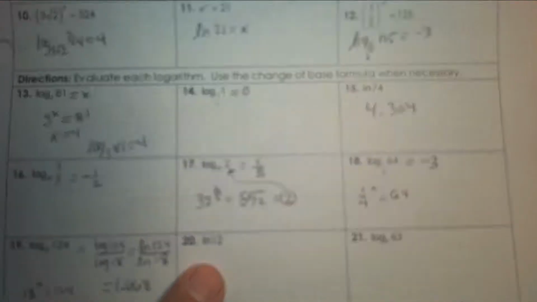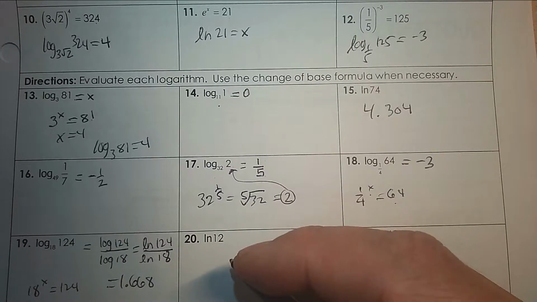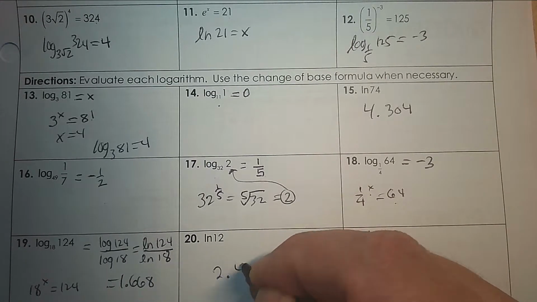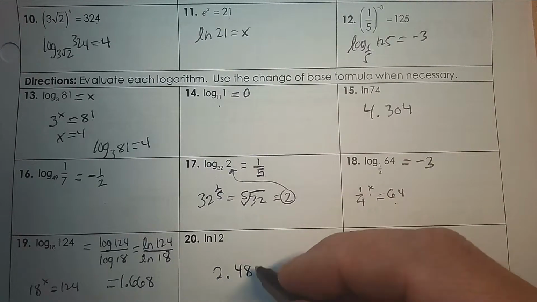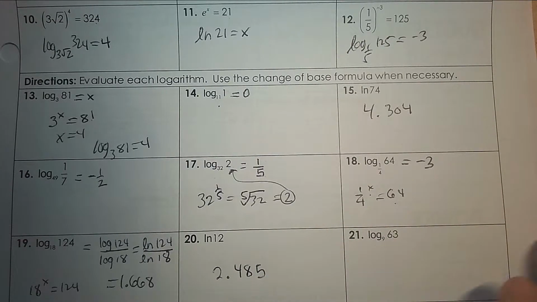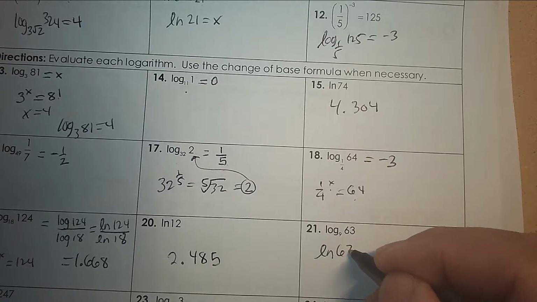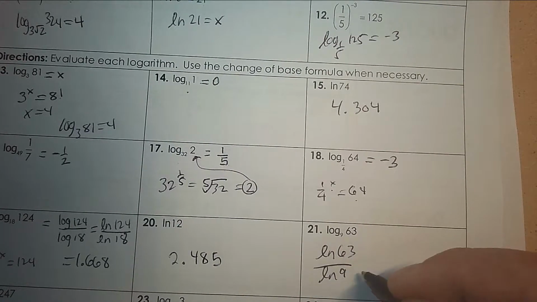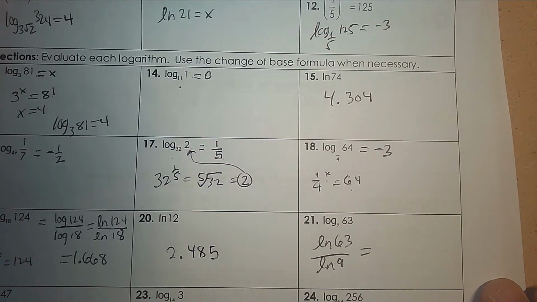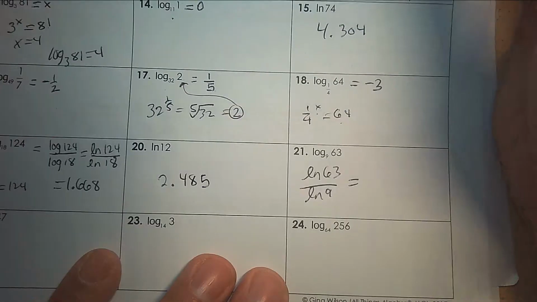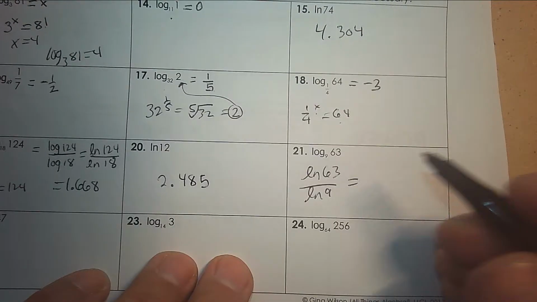All right, so ln 12, type it into your calculator, and you get 2.485. Log, and again on our calculator, if you're using the 89, change the base to ln so that you can do it. On the Nspire, you can just type it in.